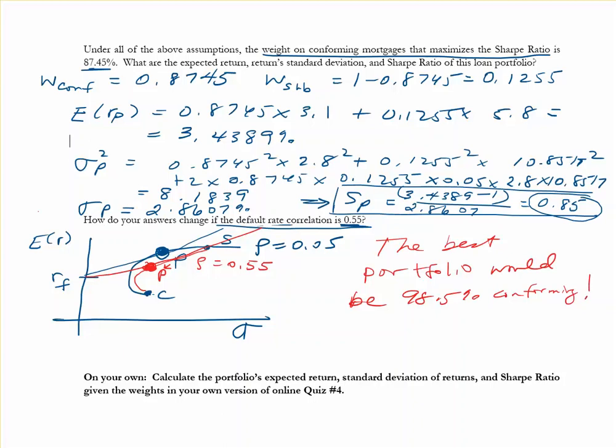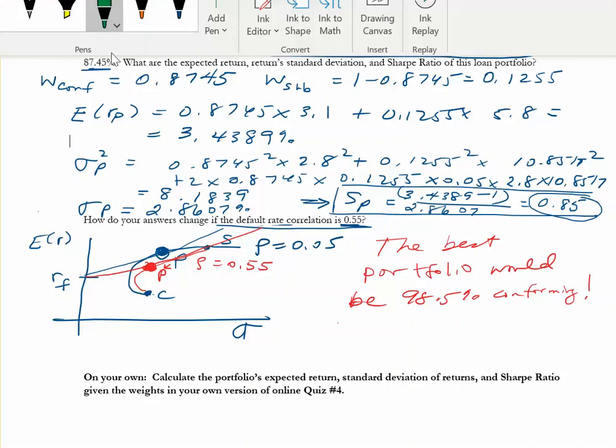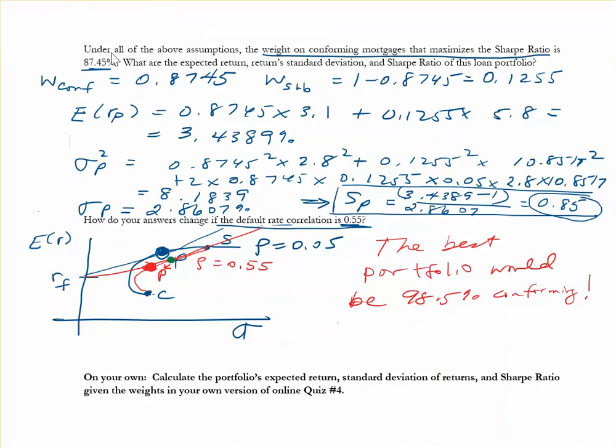So almost no subprime. The portfolio we picked might be, let's say, there, and that would have a lower Sharpe ratio than this portfolio.